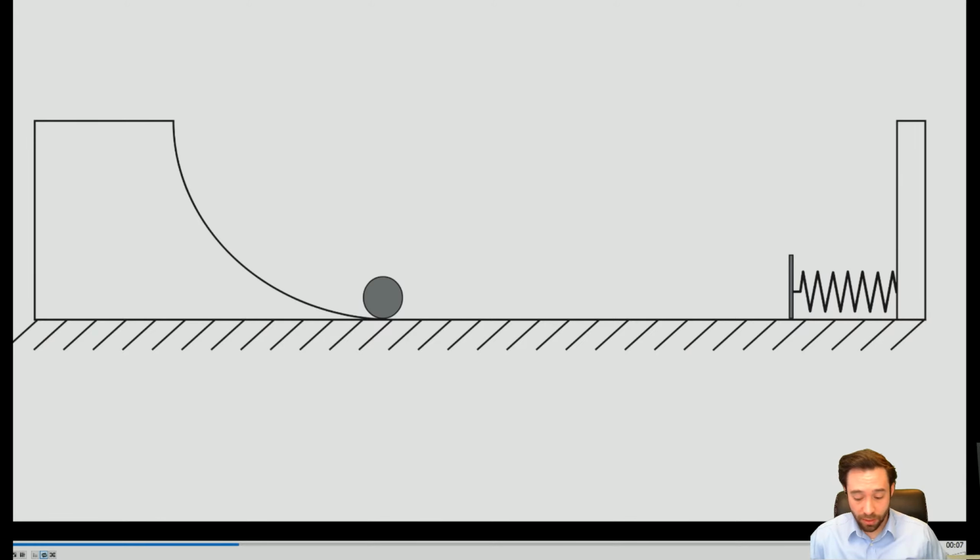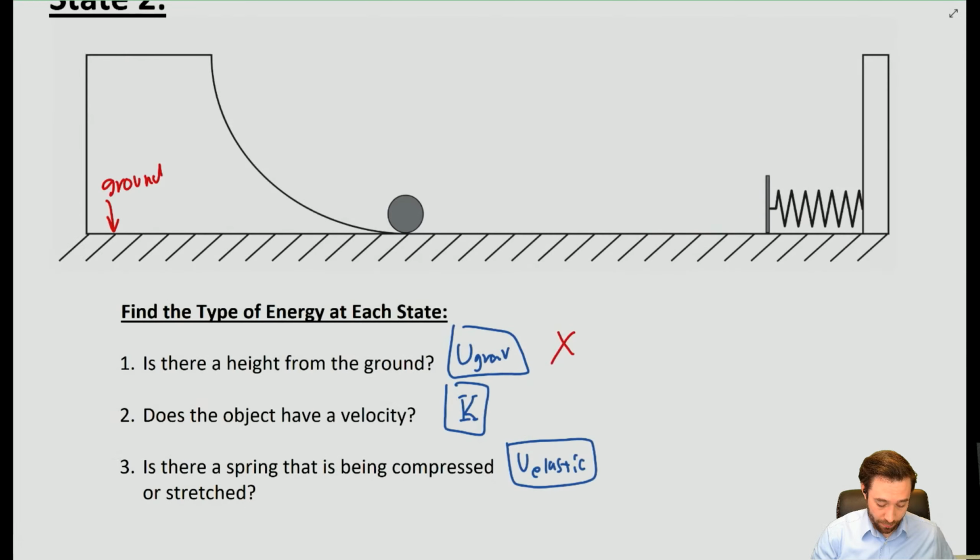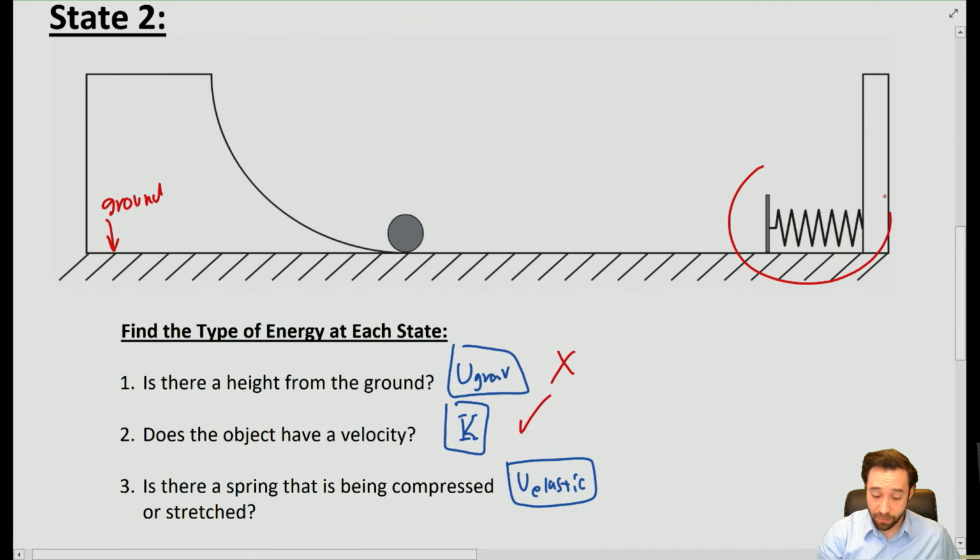But right here, if I hit play, the object is going to move, right? Because it's reached the bottom of the ramp. So we do have a velocity at state 2. And at state 2, is the spring being compressed or stretched? No, it is not. So the only type of energy at state 2 is kinetic.